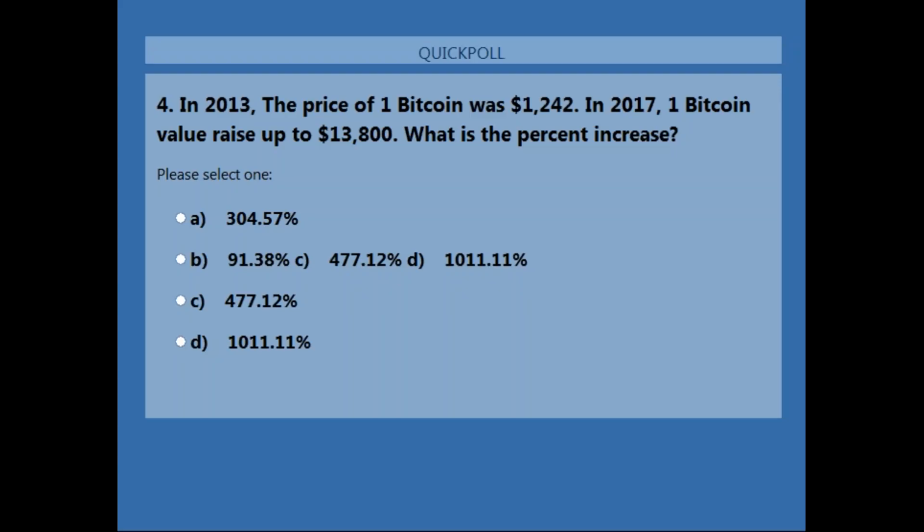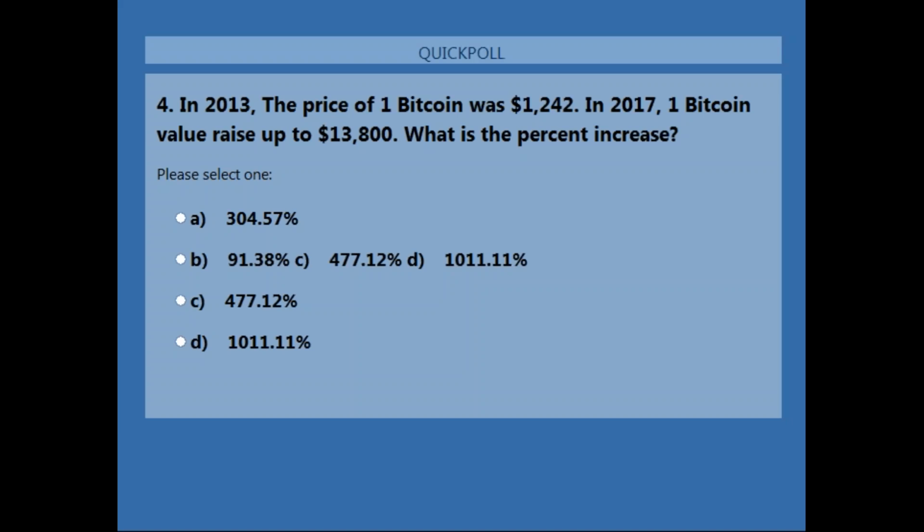And here you go. I think answer B is not displayed correctly. So answer B is 91.38%. The C and D are just a typo there. So A is 304, B is 91, C is 477, and D is 1011 with the decimals.